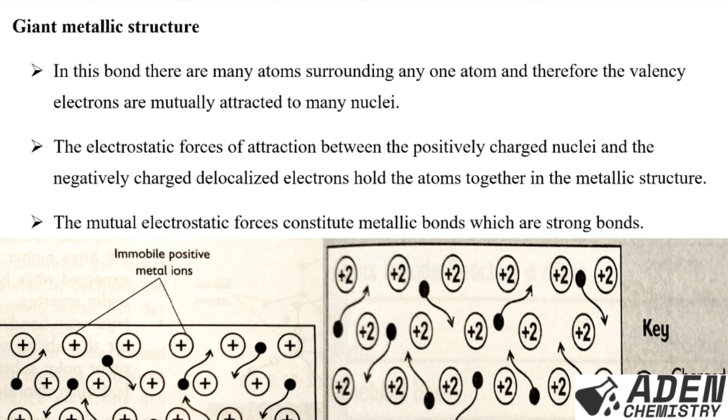So the electrostatic force of attraction, that's the metallic bond, between the positively charged nuclei, that's the protons, and the negatively charged delocalized electrons, those electrons are the ones holding the atoms together in a metallic structure. The mutual electrostatic forces constitute metallic bonds, which are strong bonds.